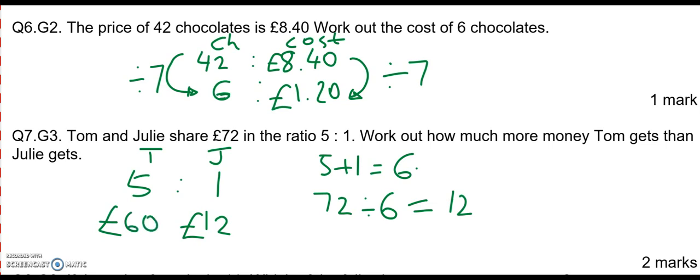So we've got the amount that Tom and Julie get, the 2 different amounts. Now the question is, work out how much more money Tom gets than Julie gets. So if I compare them two, I can see that Tom gets £48 more, and that is 60, take away 12, gives us 48, and that should be the answer.